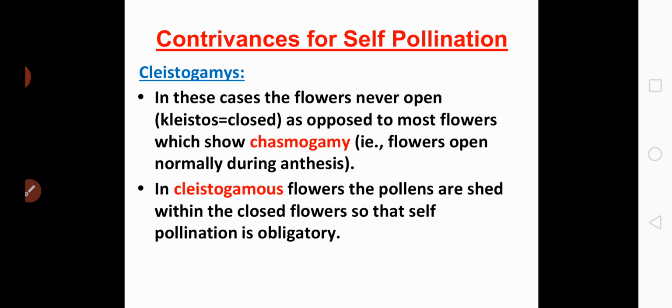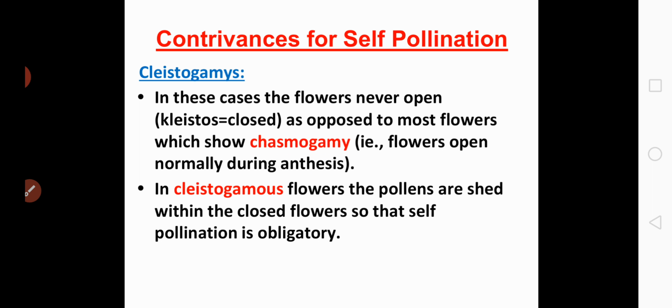So in chasmogamy the flowers open normally, whereas in cleistogamous flowers, these flowers never open at all. In cleistogamous flowers, the pollens are shed within the closed flowers, so that self-pollination is obligatory, compulsory.